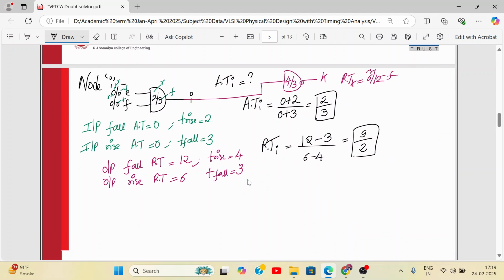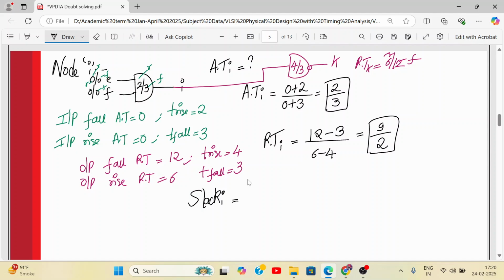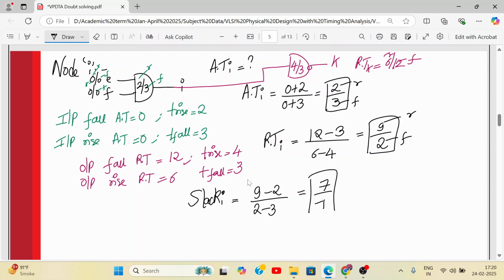Now let's calculate the slack. Let me write it properly. 9 by 2. Let us calculate the slack at node I. Return time minus arrival time. So this is RF. So it is 9 minus 2 divided by 2 minus 3. So it is 7 by minus 1.